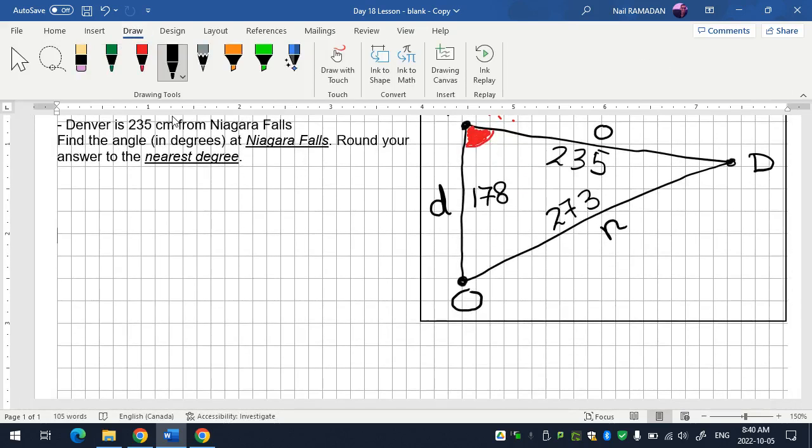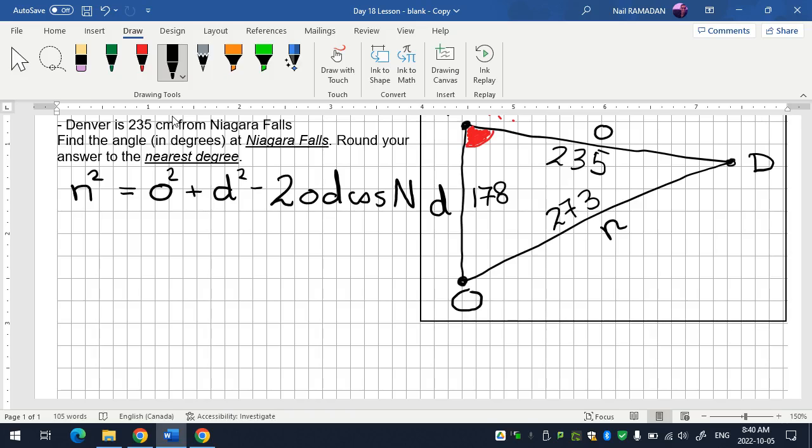Okay, n squared equals, sure, o squared plus d squared minus 2 o times d cosine, capital N or small n? The very last one is capital. Perfect. Nice. Very good, my friend.